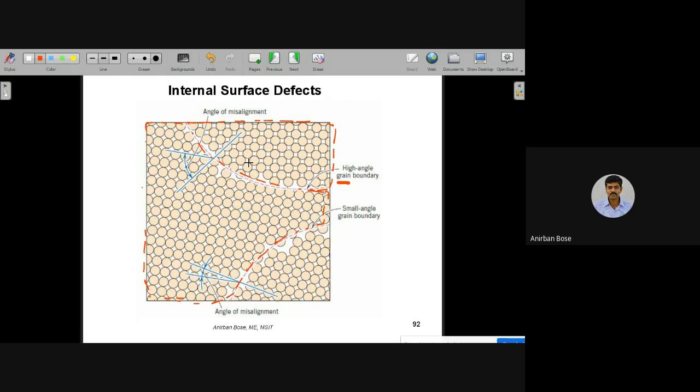But if you compare this grain 1 and this grain 2, and observe the orientation of the atoms, in grain 1 this is the orientation of the atoms, whereas in grain 2 the orientation is like this. As you can see, the atoms are oriented differently. But within a particular grain, they have a similar kind of structure.